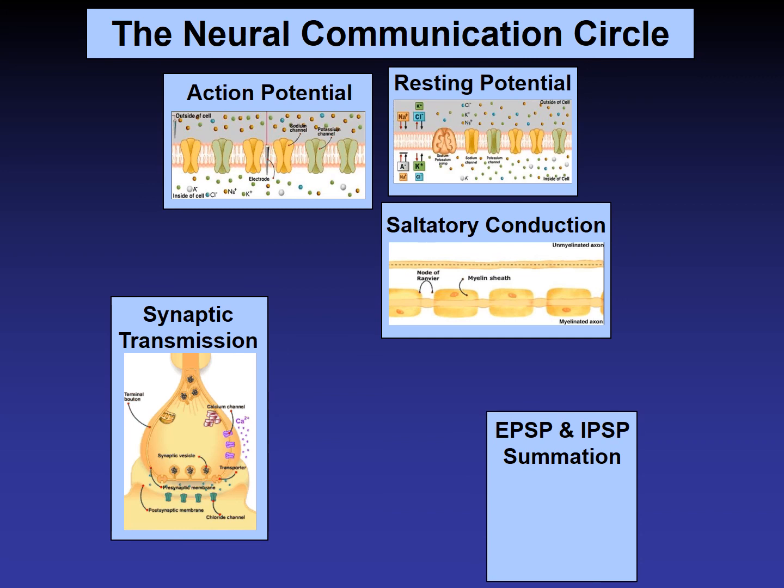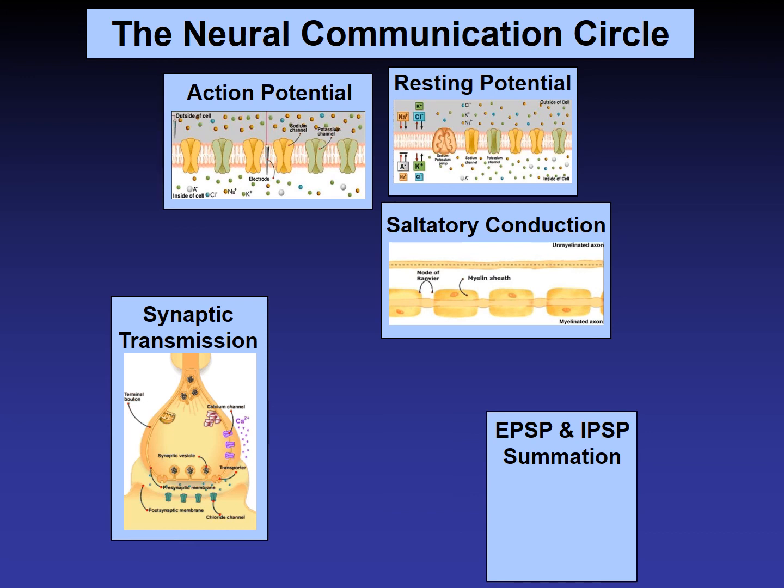And then we discussed how we can get that neurotransmitter out of the synaptic cleft either by enzymatic deactivation or through reuptake, and then how new neurotransmitter vesicles are filled with their neurotransmitters.